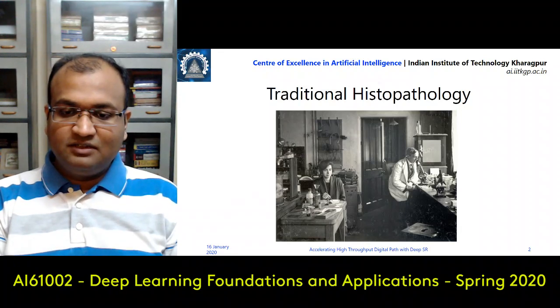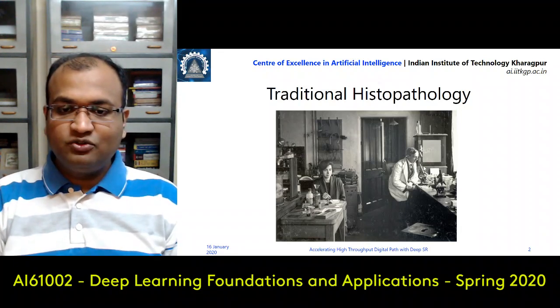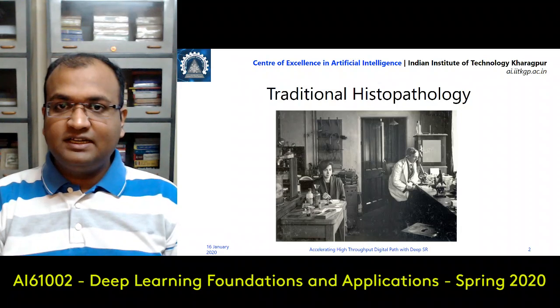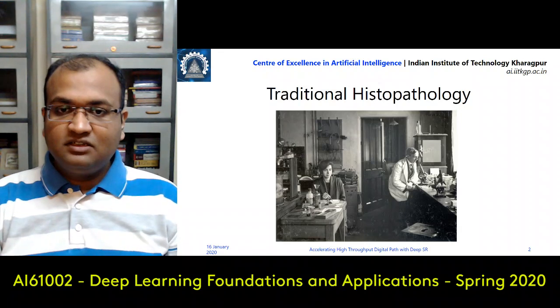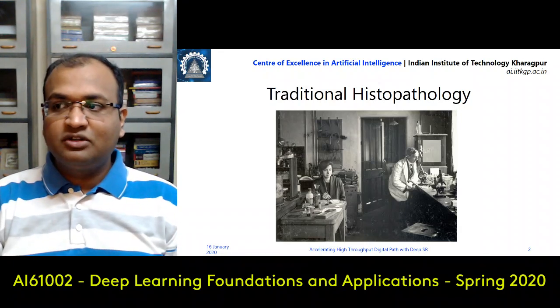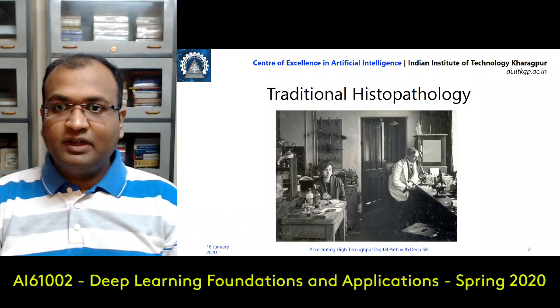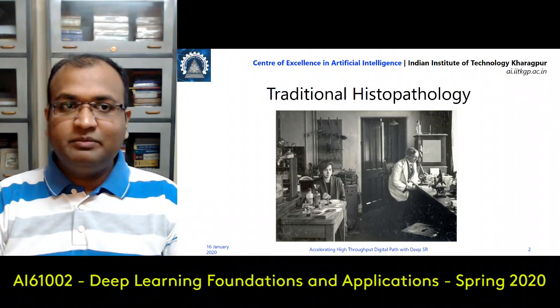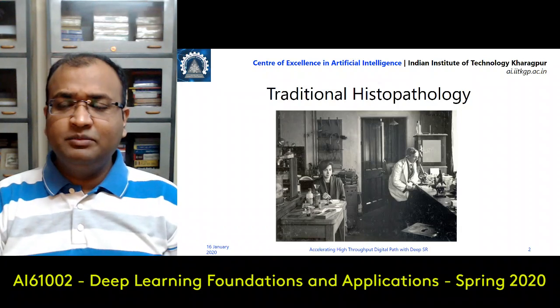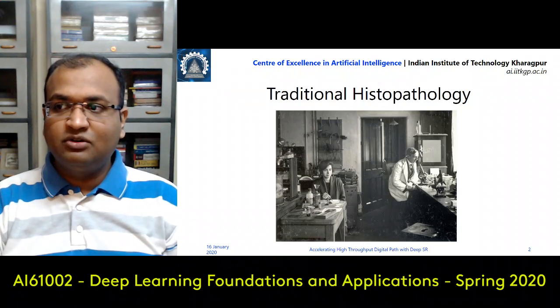Now, this device gets its name, microscope, from the fact that it allows you to look into micron-sized things. With the naked eye, the smallest thing you can see is in the order of sub-millimeters. One millimeter is what you typically see on the scale, and if you go very close, maybe less than a millimeter, half a millimeter or 0.5, 0.7.